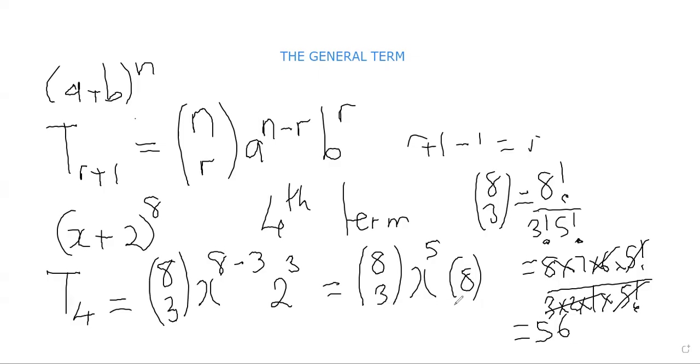So 56 multiplied by this 8 that you're seeing here, you end up getting 448 here, and this is equal to x^5. So you conclude, say therefore the fourth term is equal to 448x^5. So that is our fourth term.